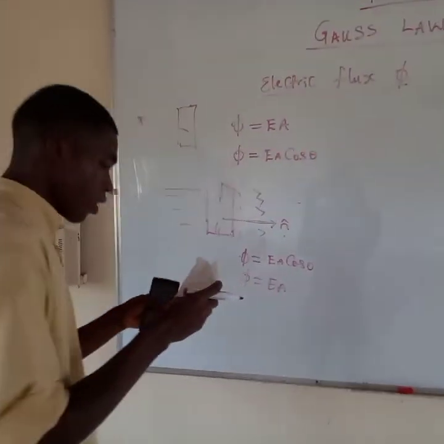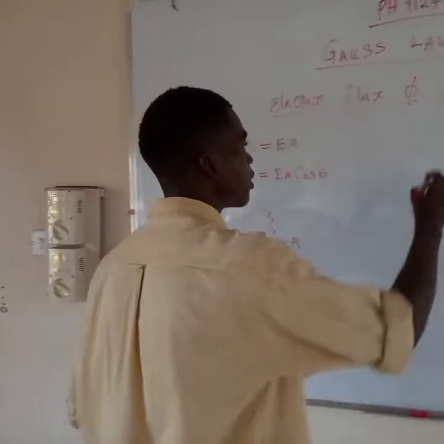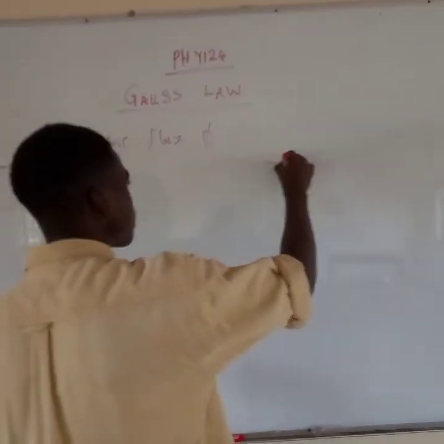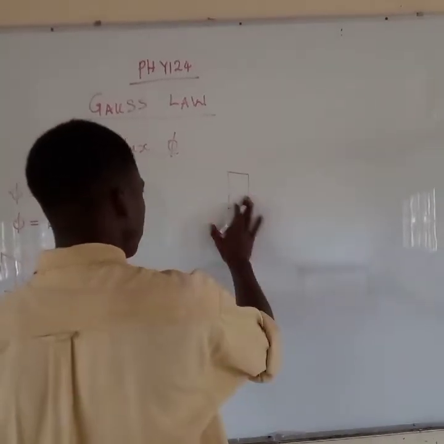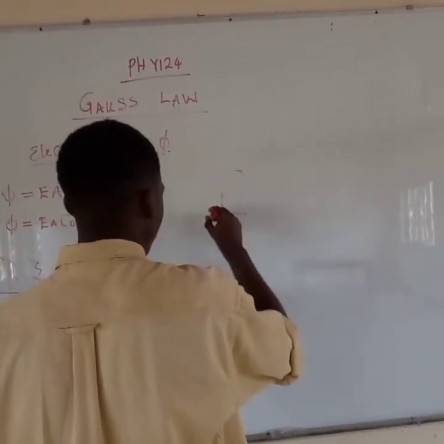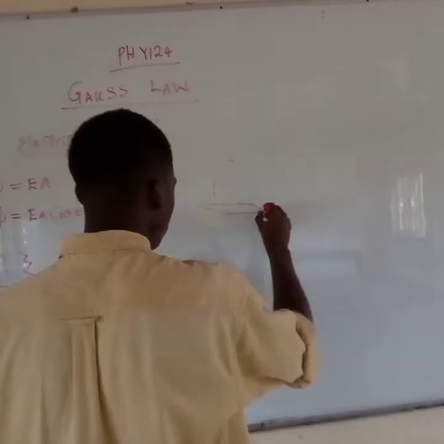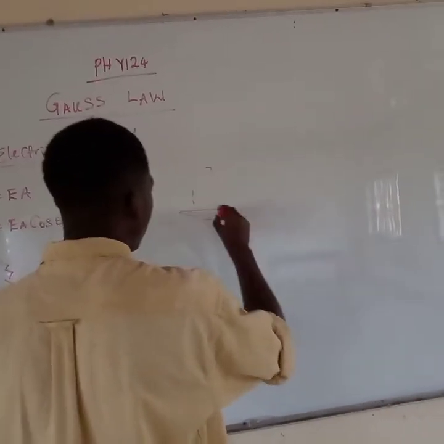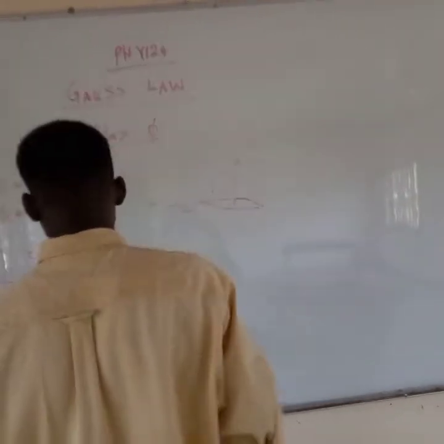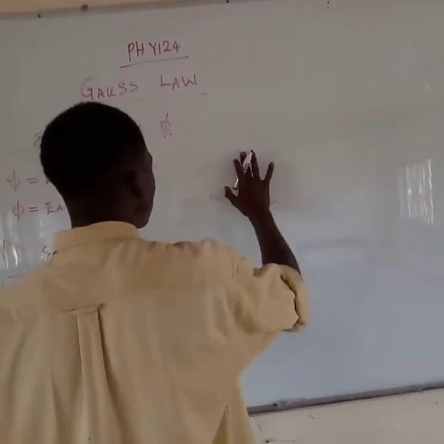Now, the next case we'll talk about is when the field is parallel to the surface, something like this, but perpendicular to the normal.